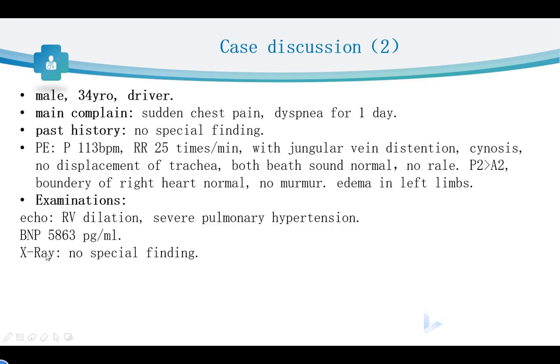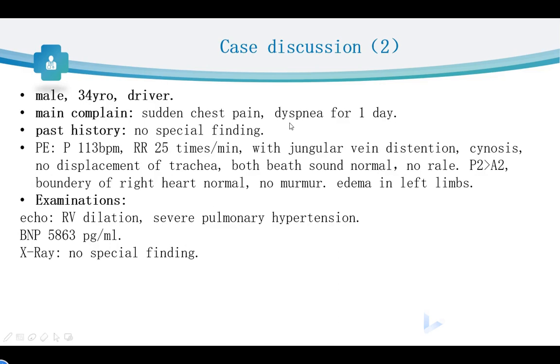And during the X-ray, there is no special finding of the lungs. So, during the auxiliary examinations, we can find the structural abnormality and functional abnormality of the right heart. Furthermore, we can also find the pulmonary hypertension. That means this patient is likely to suffer from cor pulmonale, right? But what is the suspected primary disease for this patient?